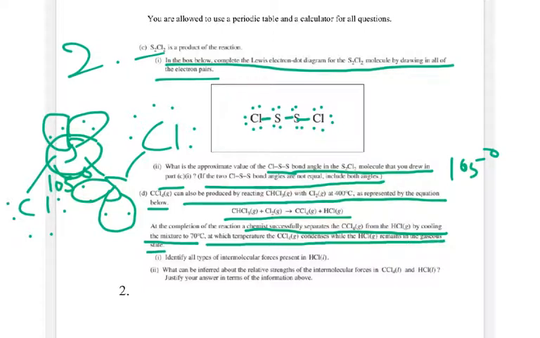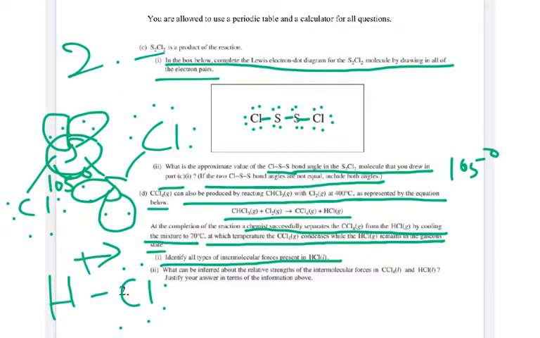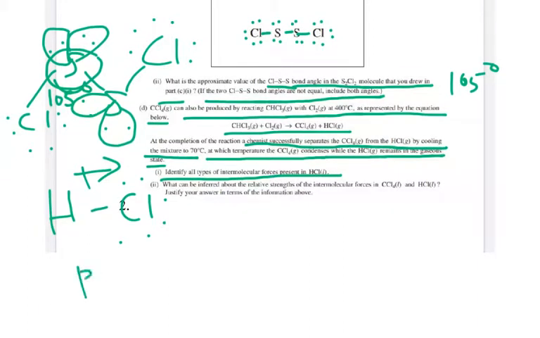The first question says, identify all the IMFs present in HCl liquid. So let's draw out HCl, and let's draw the lone pairs, and we know that there's going to be a bond dipole, so this is going to be polar, and thus in HCl there are going to be dipole-dipole forces.